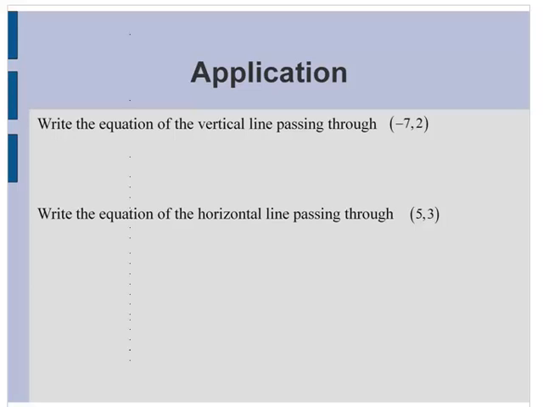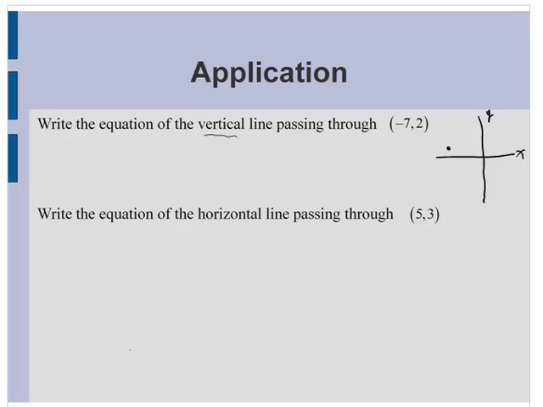Alright, so now let's sort of turn it around a little bit. Write the equation of the vertical line passing through negative 7, 2. Well, negative 7, 2 is over here, just roughly, right?